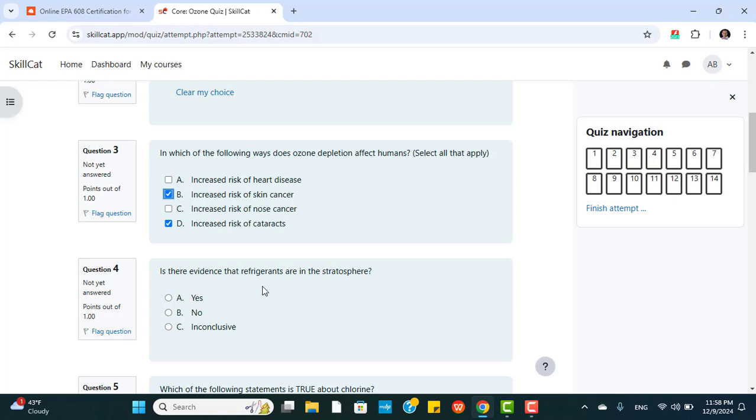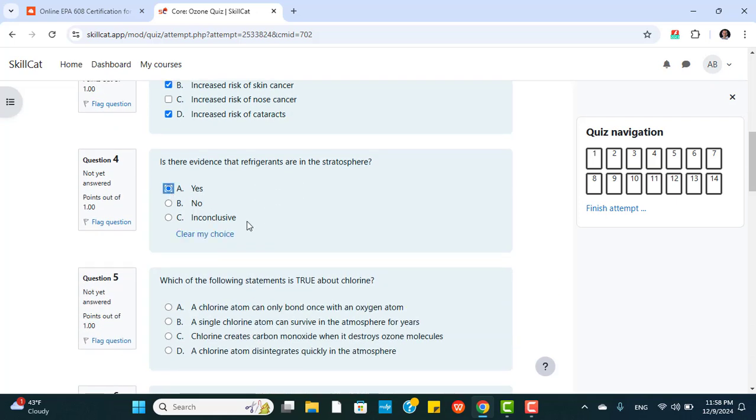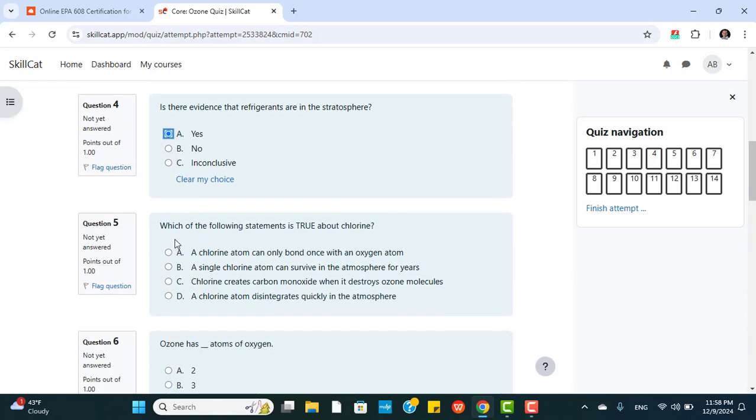Is there evidence that the refrigerants are in the stratosphere? Same question that we answered before. Question number 5. Which of the following statements is true about chlorine? A chlorine atom can only be bound once with an oxygen atom. A single chlorine atom can survive in the atmosphere for years.